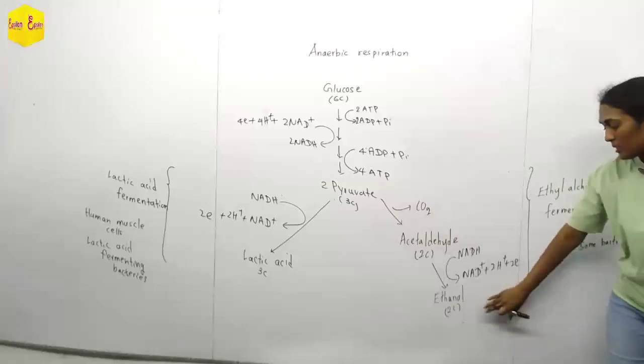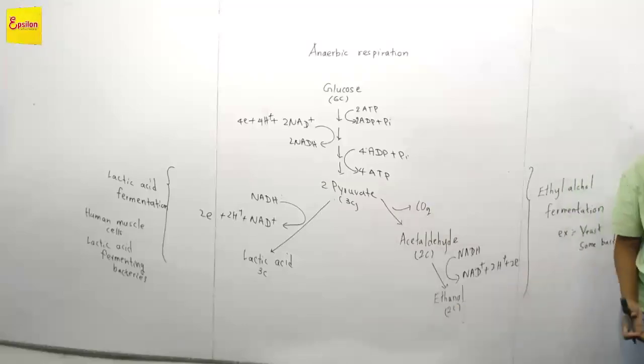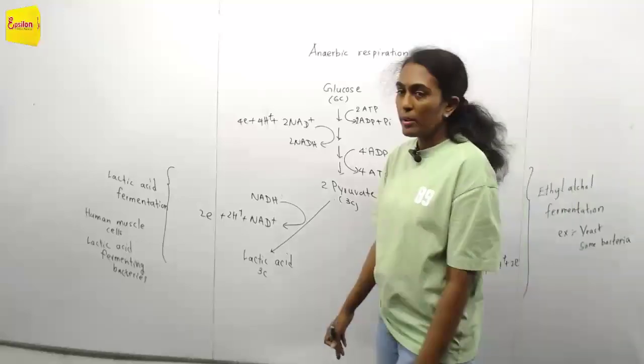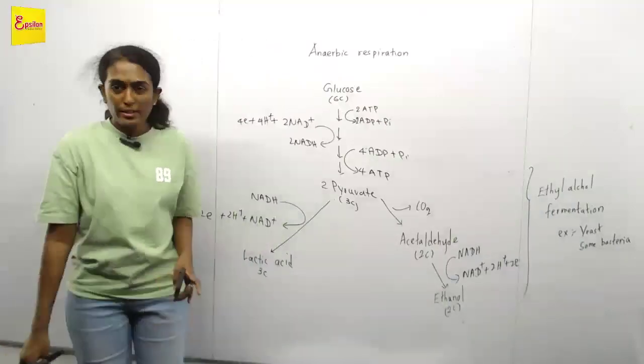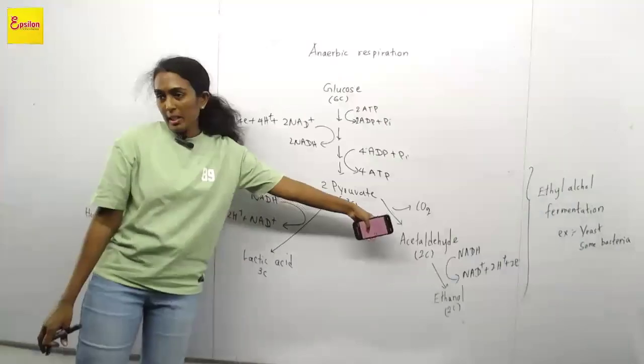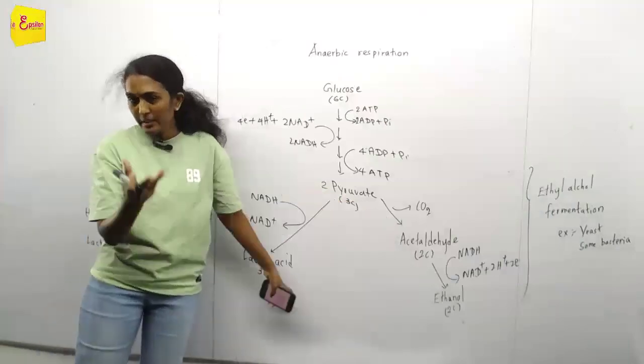And here, for what industry are we using this one? Alcoholic beverages such as wine, beer, toddy, and all that. The final product is used. Also in the bakery industry, the carbon dioxide released here is used for rising the dough, right?